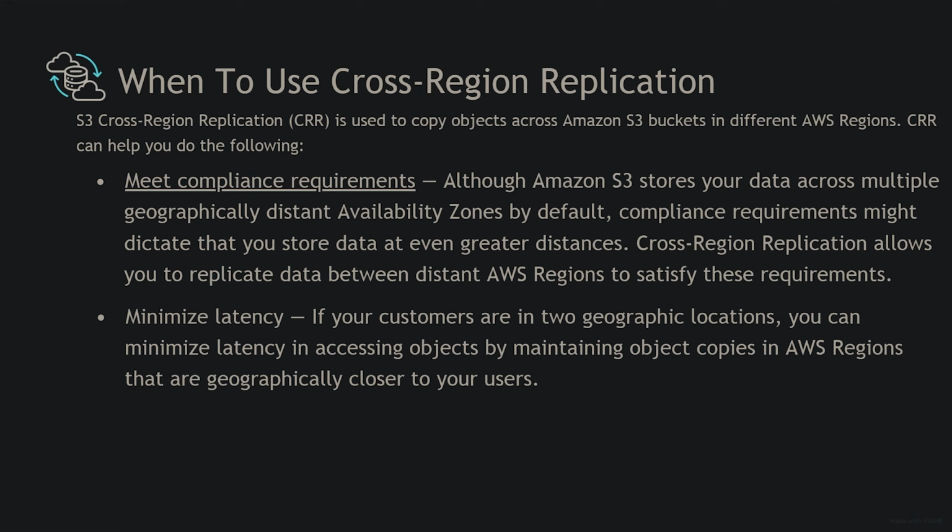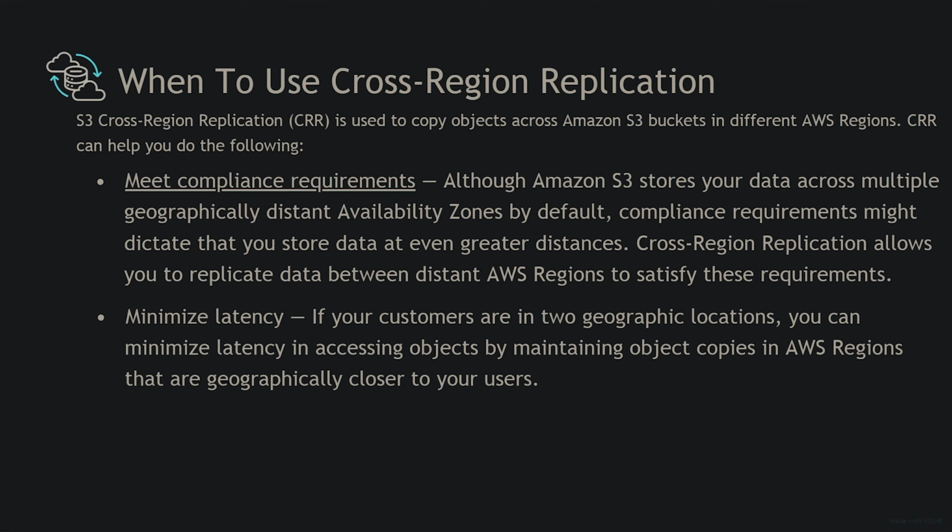Then there's minimal latency. If customers are in two totally different geographical locations, you can minimize the latency in accessing objects by maintaining object copies in AWS regions that are geographically closer to your users. Let's say you're living in Mumbai, right? And you have data in the Mumbai region in an S3 bucket, so obviously you'll get it faster than from any other region, right?